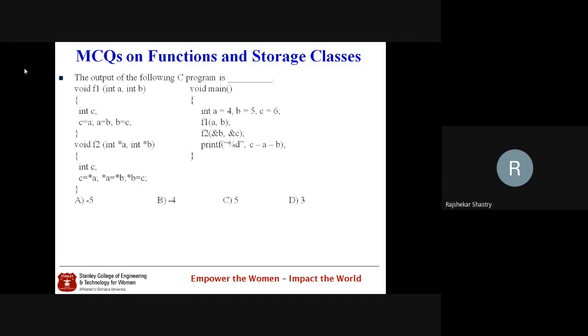Now, after that, we are calling the F2 function by passing the addresses of B and C, which are passed into the pointer variables, and now the swapping logic is implemented.